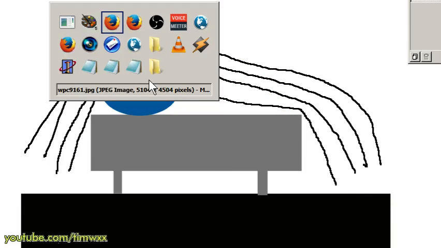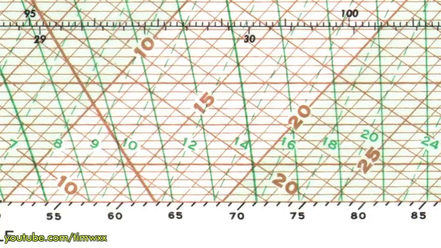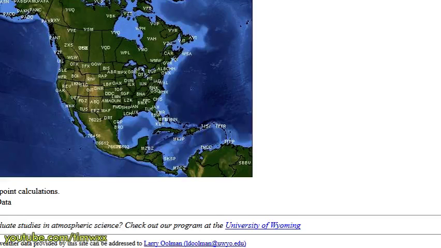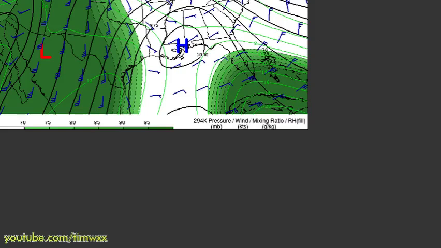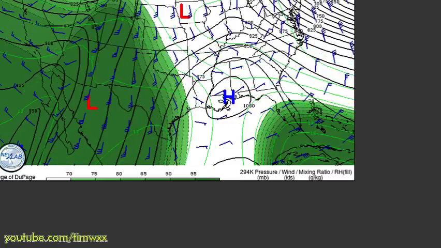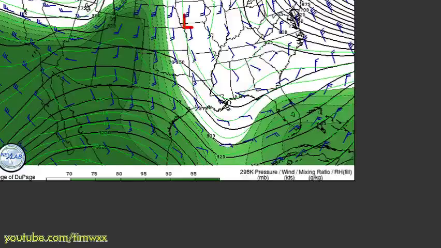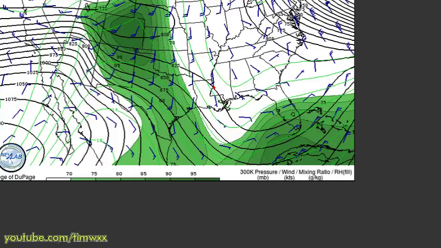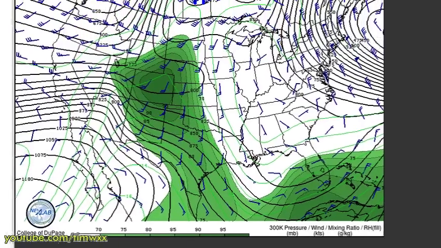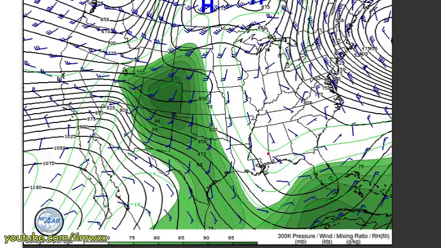And just to give you an example of that, I'm going to pull up a few isentropic charts for today from College of DuPage. Yeah, here we go. This is the current isentropic chart. Let me set the right one up. Okay. Get this centered here.